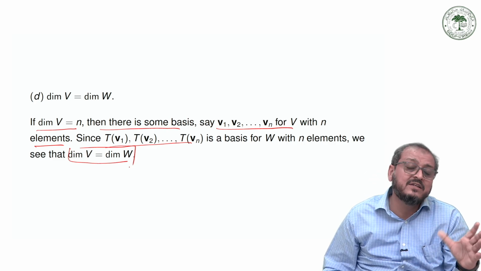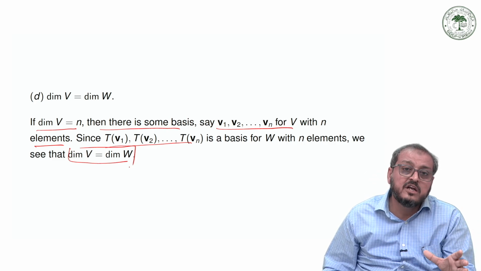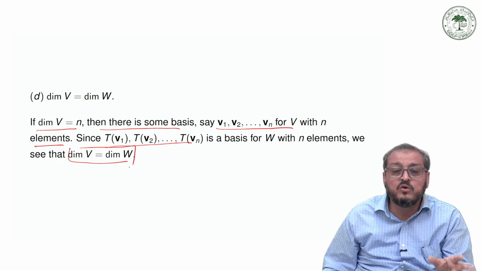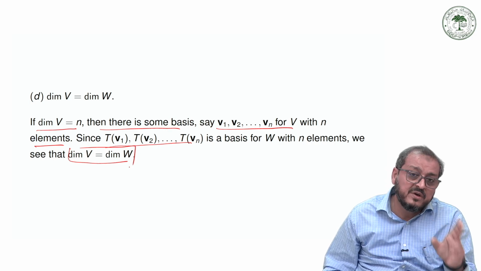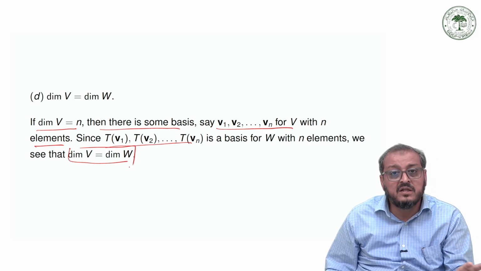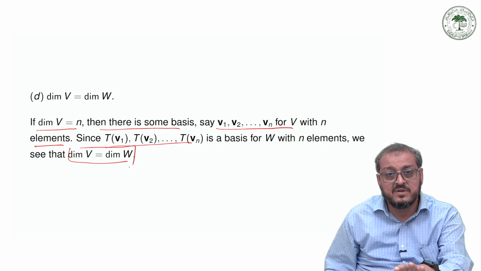So, when we have a non-singular linear transformation, the dimension of both V and W are the same, and the number of elements in the basis remains the same.